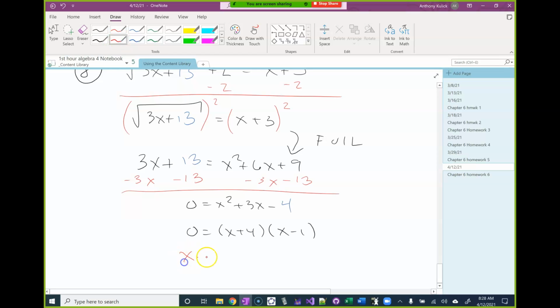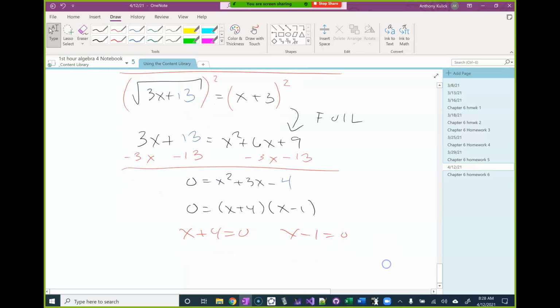So to solve this then, I can just set each of those factors equal to 0. Cool? But I'm not done. What do I still need to remember to do? Gotta check it.